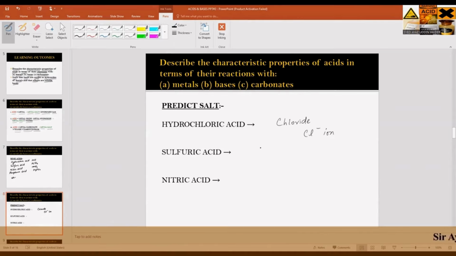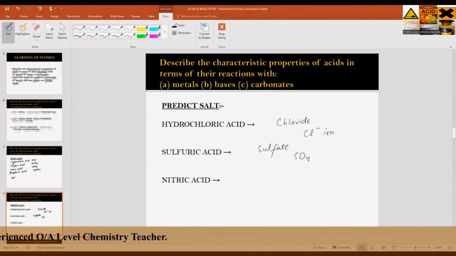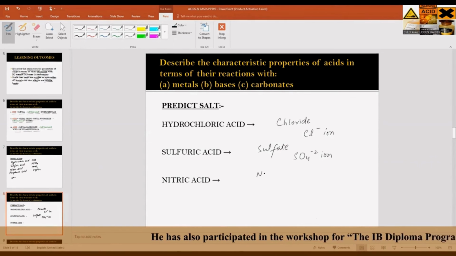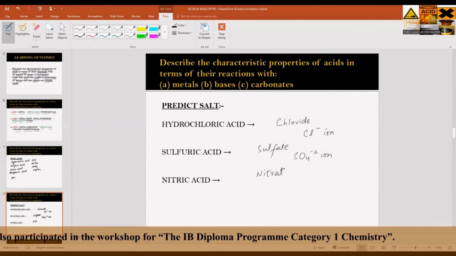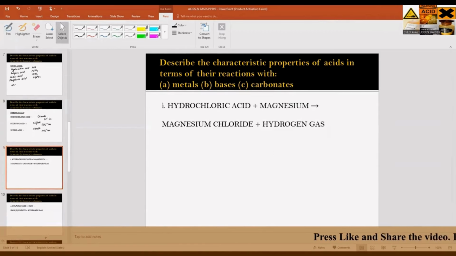In case of sulfuric acid, the salt will be sulfate, which means the salt must contain the SO4 minus 2 ion. Similarly, for nitric acid, you will get the nitrate salt, and the salt must contain the nitrate ion in the formula.